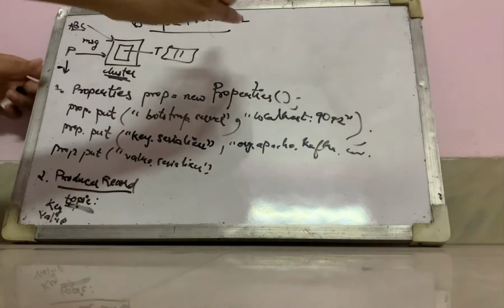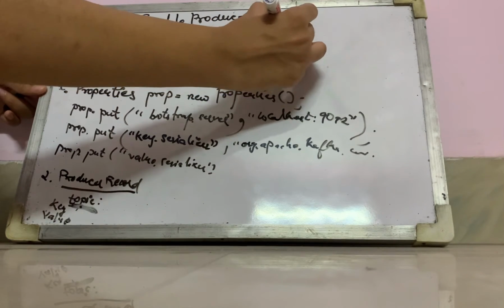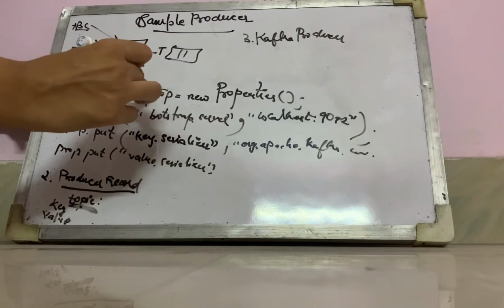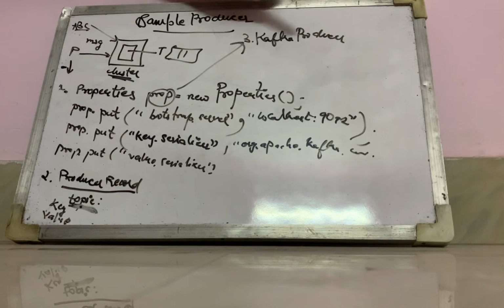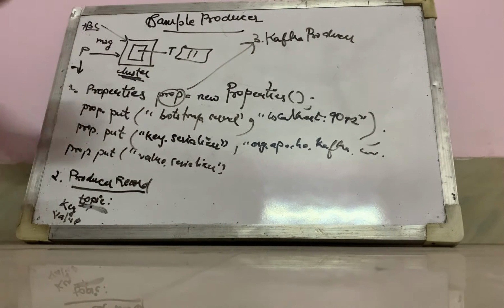Once that is done, third thing is we want to create an instance of Kafka producer, and we'll set all these properties to this Kafka producer, so that it knows which bootstrap server it should connect to, and it should convert the key and value to the byte format.